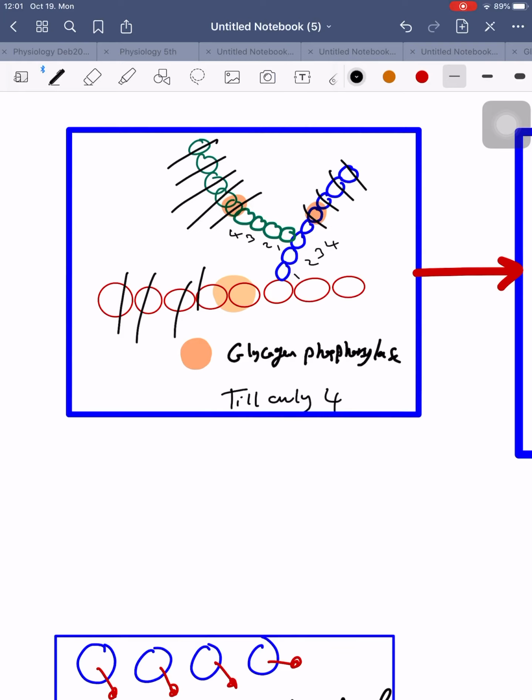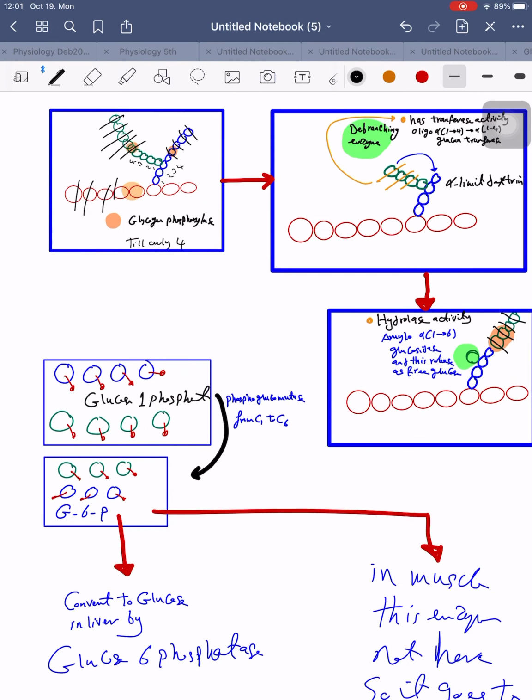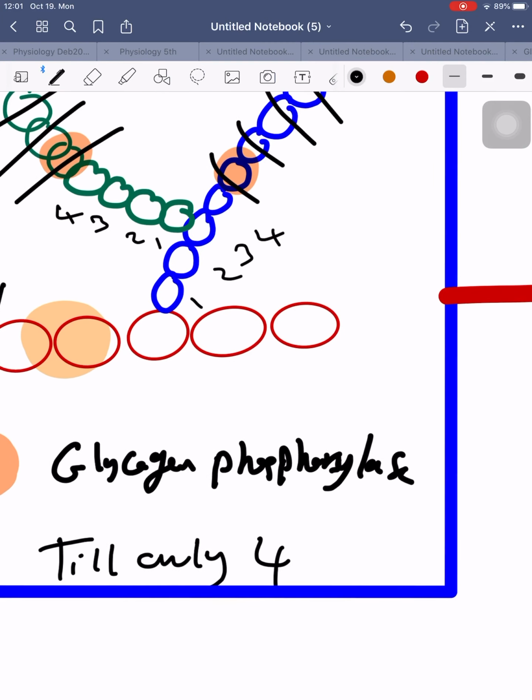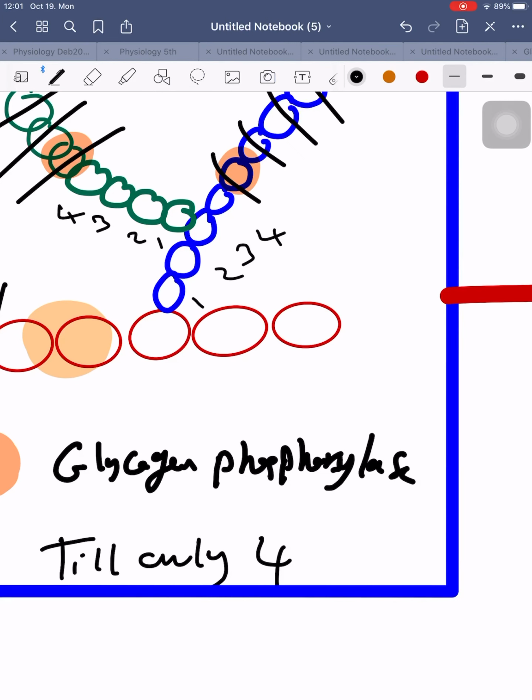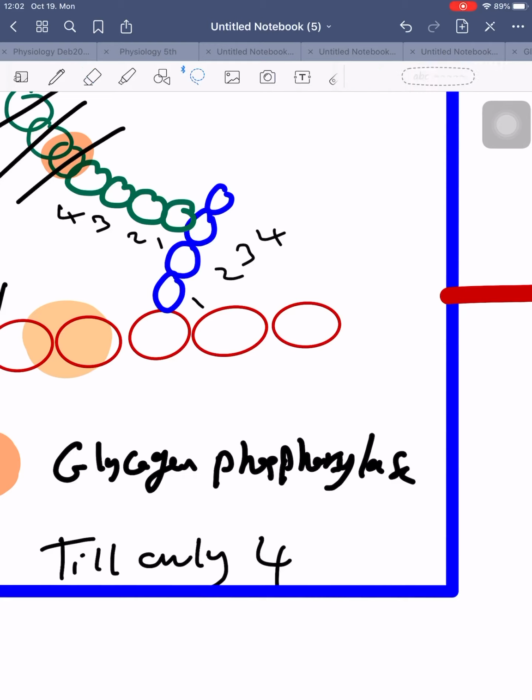Who can do this? Glycogen phosphorylase. Then we need another enzyme to come and help us, to handle this stuff. So we need one enzyme to come and remove these 3 and add them here. Now we don't have this. So we need one enzyme to come, get these 3, and add them here.